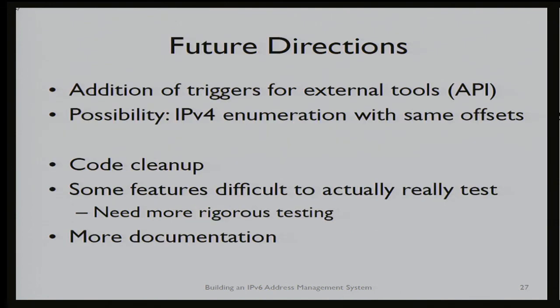So some future directions that we're going to be taking, especially for the Greek school network case, which is still ongoing: we'd like to add the ability to add triggers.